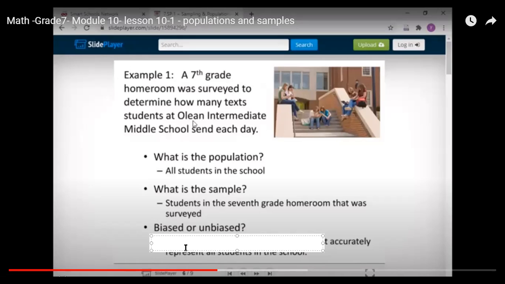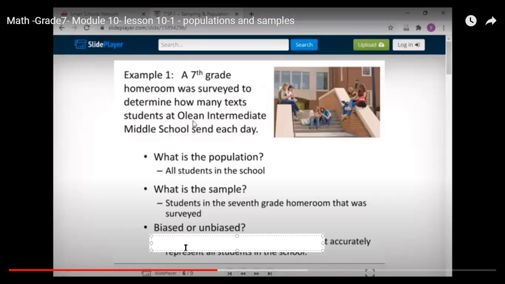I know. But in this question, we said it's biased because he selected only grade 7. My question was, what are you going to do to make this sample unbiased?